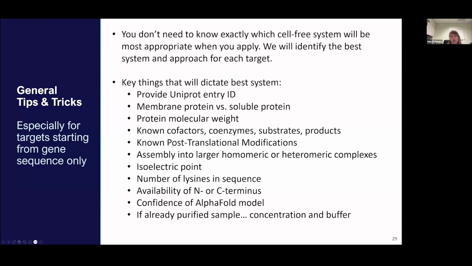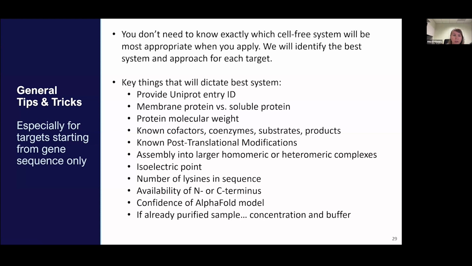Again, if you know from previous analysis that your protein target has some PTMs, please let us know. That will also guide our decision in terms of what kind of cell-free platform to use. Another consideration is assembly into larger homomeric and heteromeric complexes. Maybe from your protein interaction studies you suspect it's forming some kind of complex with other proteins.